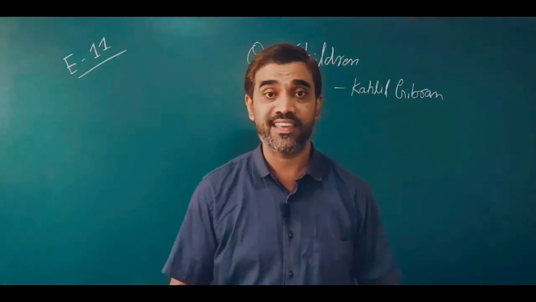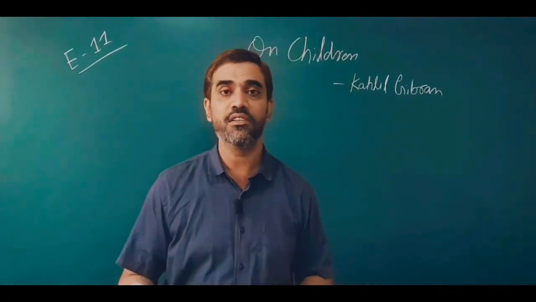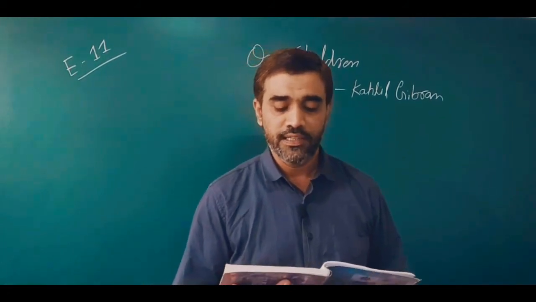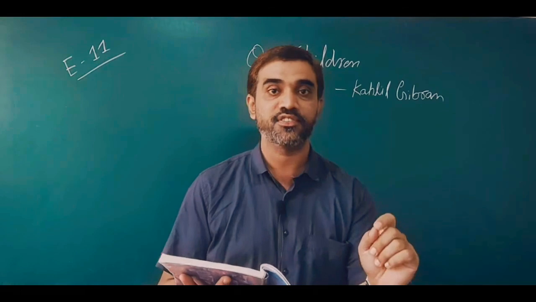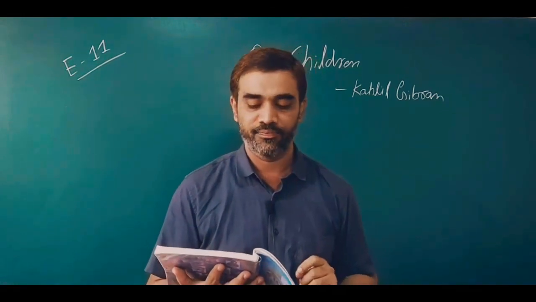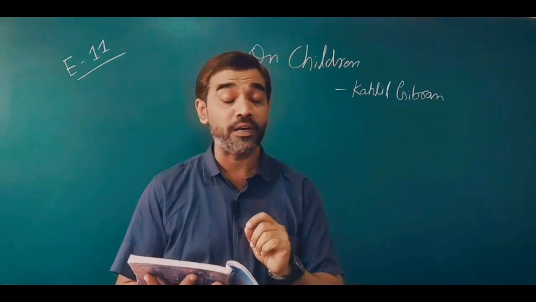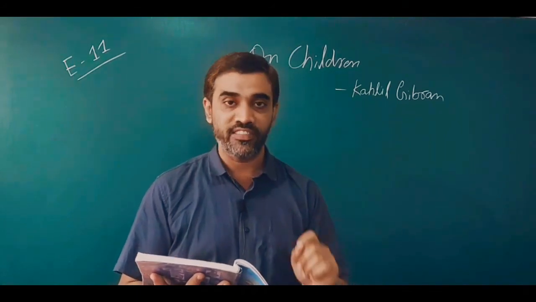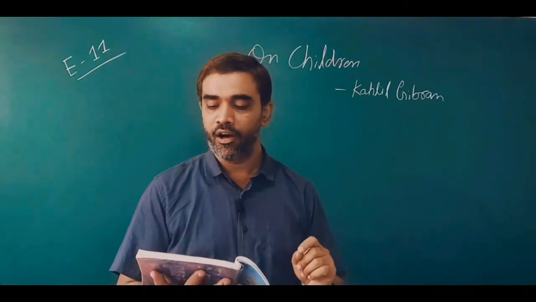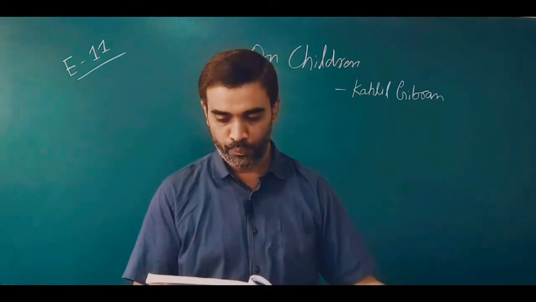Let us see what he says. He says, "Your children are not your children. They are the sons and daughters of life's longing for itself. They come through you, but not from you. And though they are with you, yet they belong not to you.